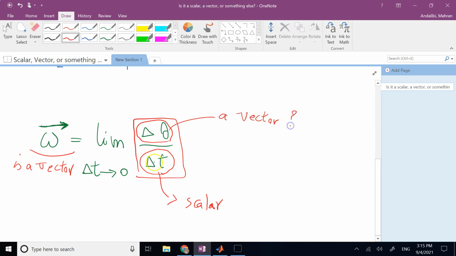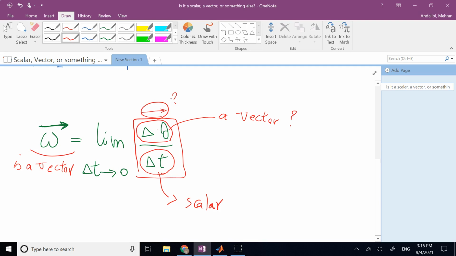Because you cannot divide a scalar by another scalar and then end up with a what? With a vector. So the only solution is this delta theta is actually like a vector. So I divide a vector by a number, or multiply it by the inverse of that, which is another number, and I get another vector.